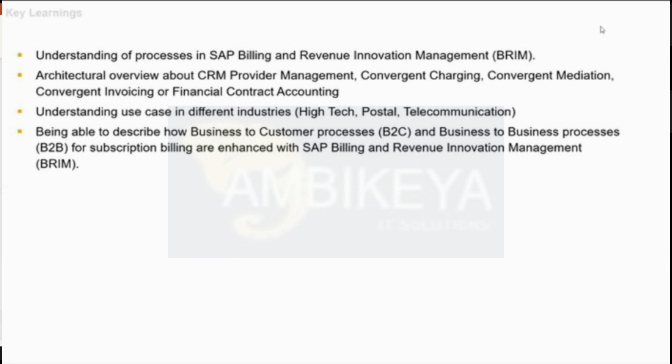Of course, there are simpler processes like a fitness studio where you have only a very simple price model, and there it could be more reasonable to use cloud products. But if you have a complex price model like in the parcel industry, it's reasonable to use BRIM because you have so many attributes.